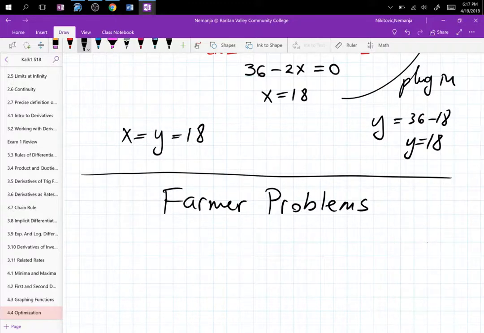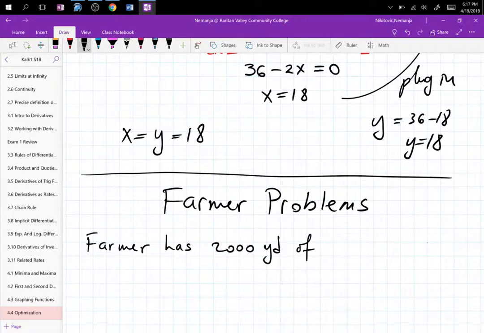This farmer has 2,000 feet or yards of fence on a pile. So, a farmer has 2,000 yards of fence.